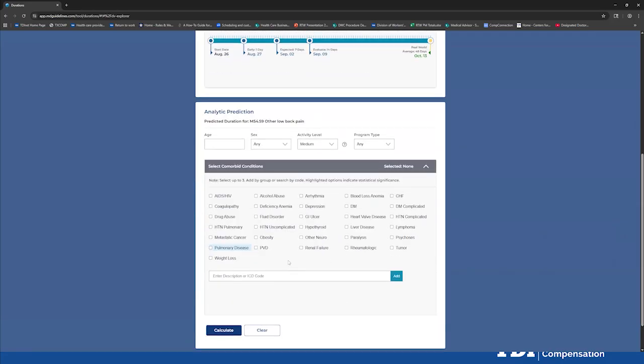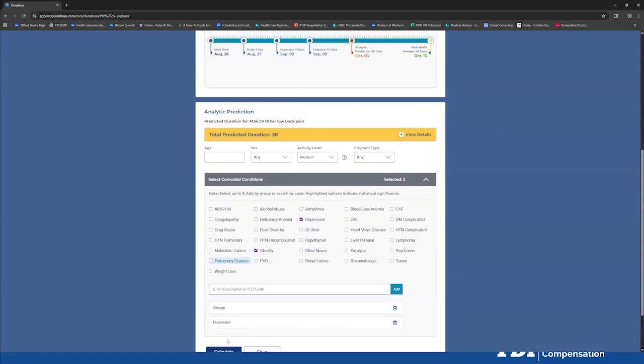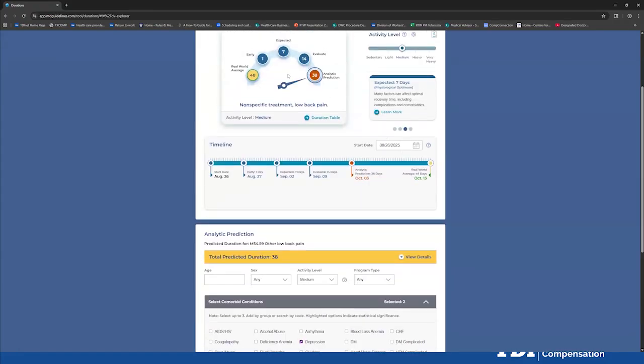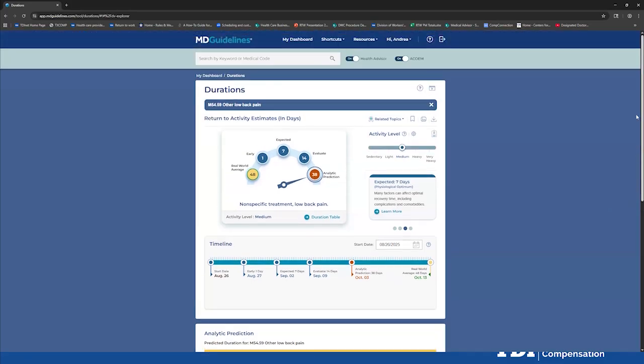So I'm going to put in, maybe they have obesity, and maybe some little bit of depression. So I'm going to calculate this out. And still my early expected and evaluate days remain the same. But that is a really nice tool to have to add those changes there.